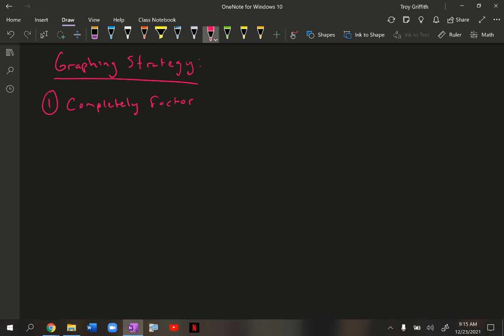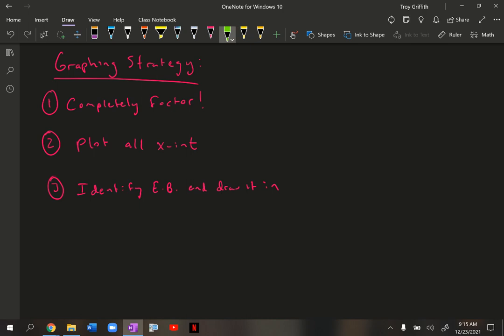Now the one that I showed you guys the other day was already factored for us. Today we're going to need to do a little bit of factoring first. After that, we're going to plot all x-intercepts. Okay, and then we're going to identify the end behavior and draw it in.